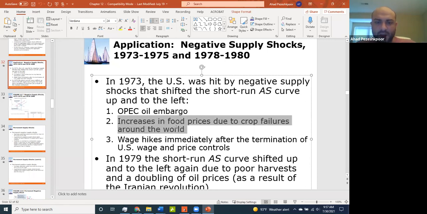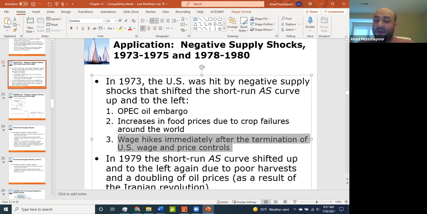Increases in food prices due to crop failures around the world made it worse, and also wage hikes immediately after the termination of US wage and price controls. So one shock after another shock, we had this.